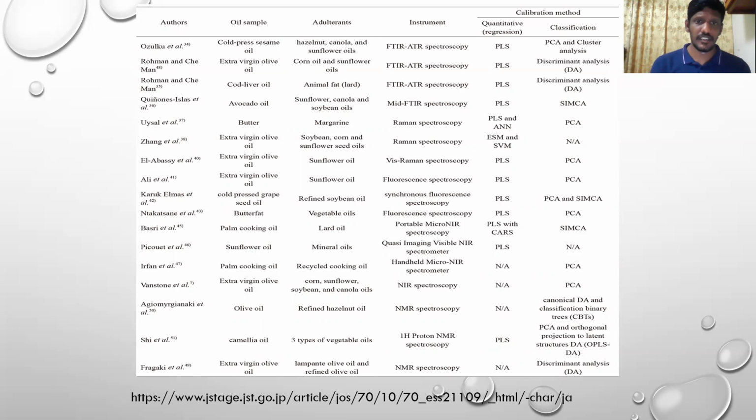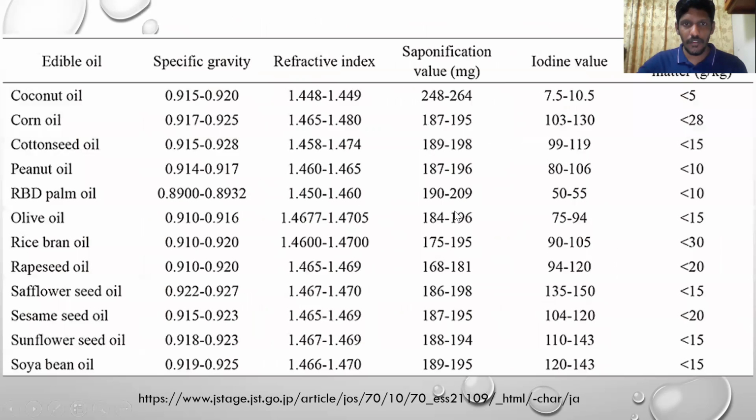So from here we can see the research is done based on the adulteration concept, where the oil sample is the actual oil and is adulterated using other different kinds of oil, and the analysis is done based on the spectroscopy method, also accompanied with analytical tools such as principal component analysis.